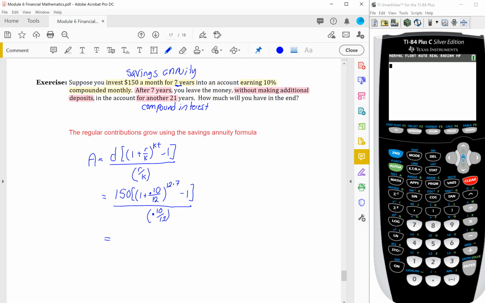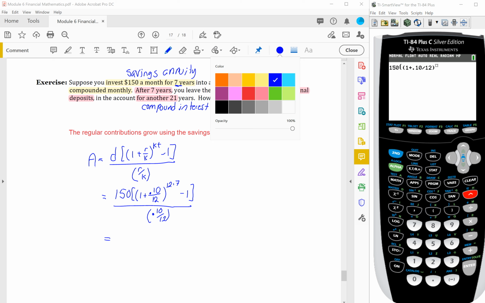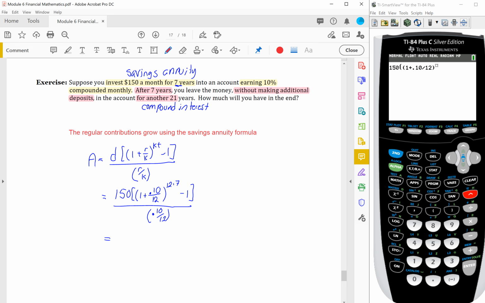Okay, grab your calculator. So it'd be 150. A first parenthesis, represent that bracket. Another parenthesis. 1 plus 0.10 divided by 12. Parenthesis. Now I'd get my exponent. And I keep saying this, but I want you to remember that depending on your calculator, you may have to insert an extra pair of parentheses around this exponent.